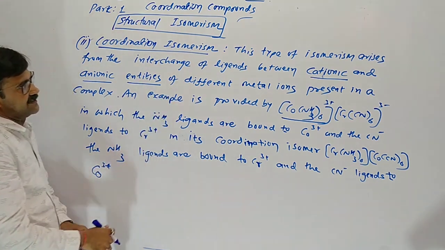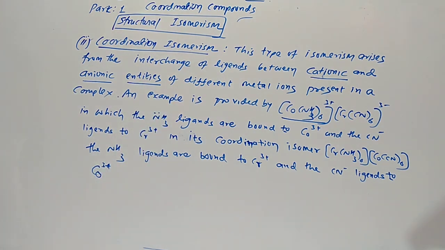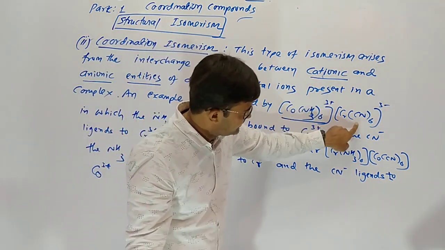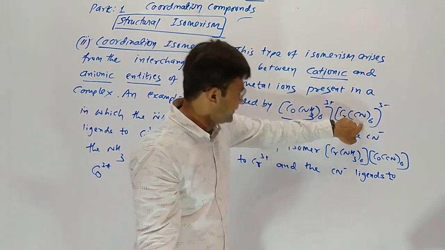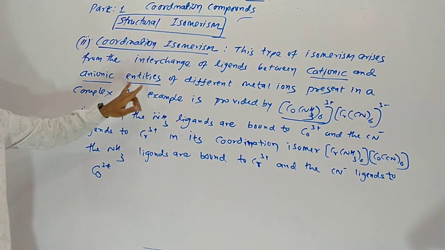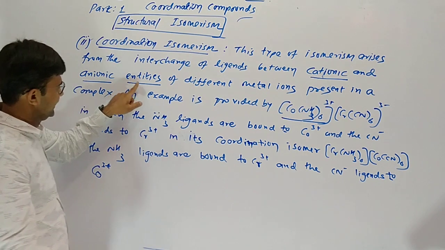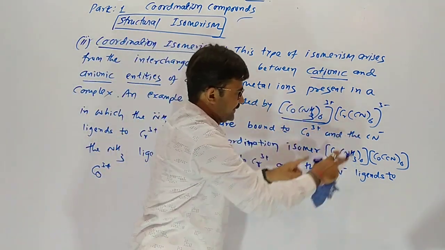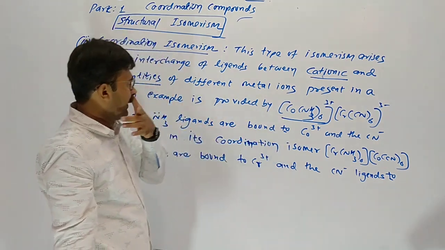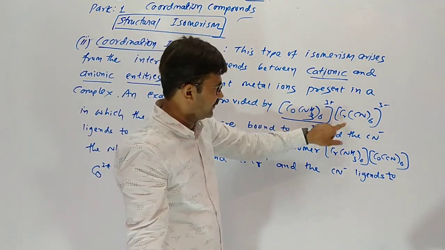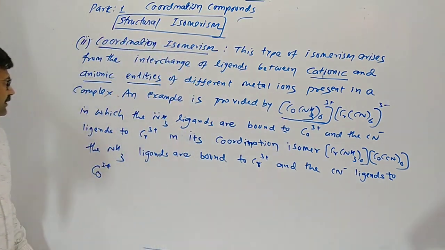Once again, this type of isomerism arises from the interchange. From here the amine will go here, and from here the cyanide will come here. Ligands interchange between the cationic and anionic entity. Entities means square bracket entity, with different metal ions, cobalt and chromium in the complex.